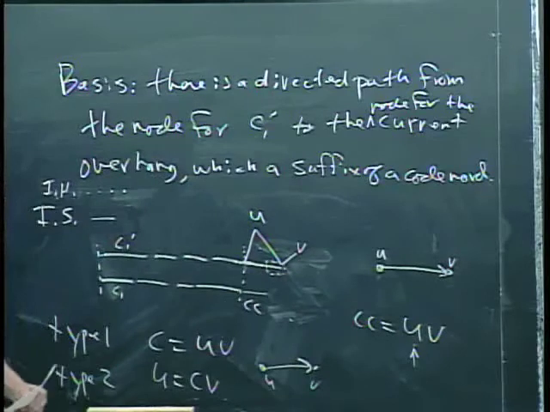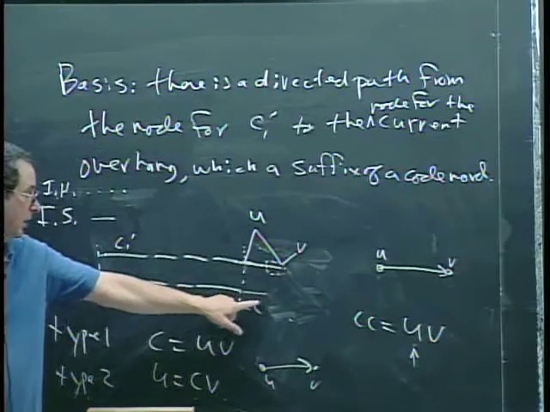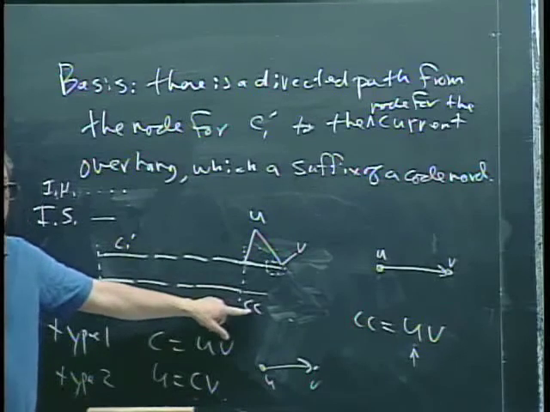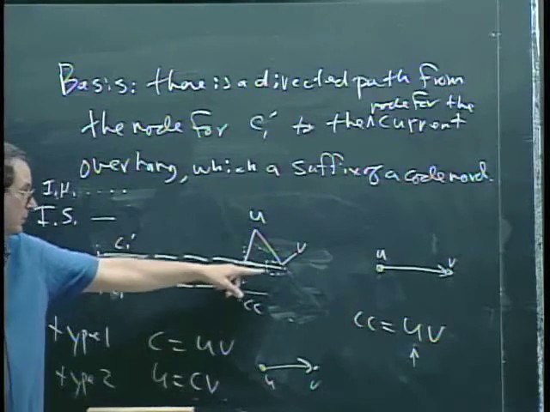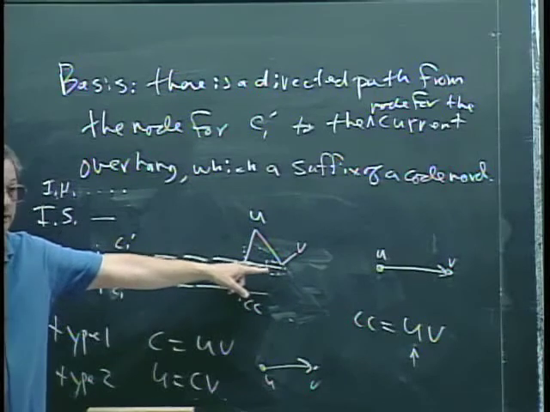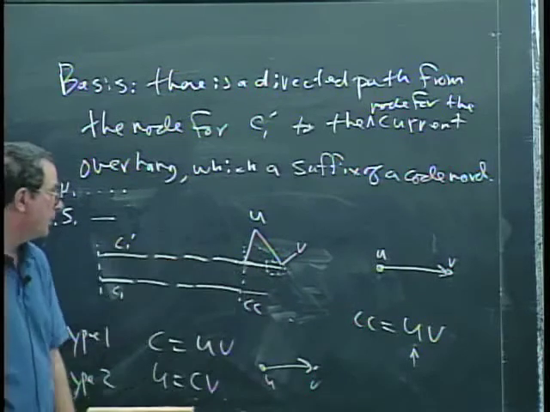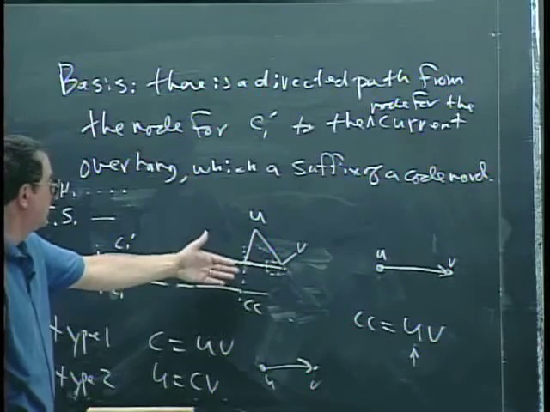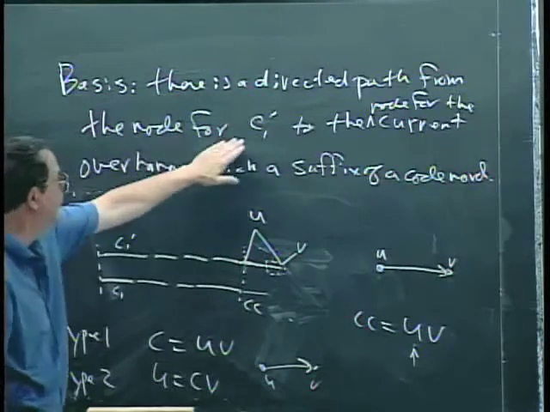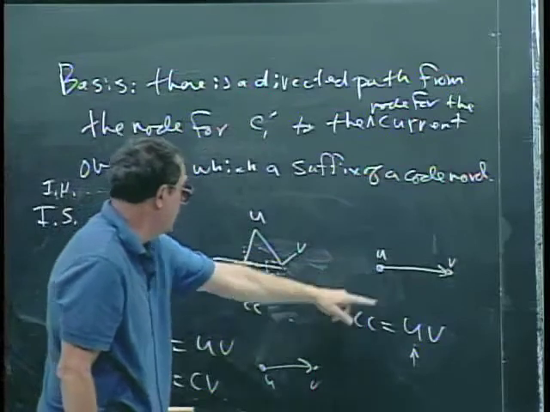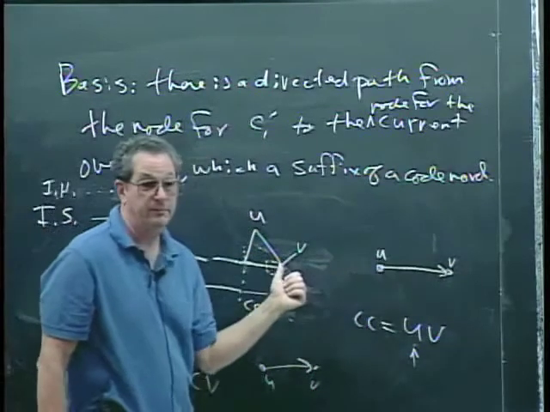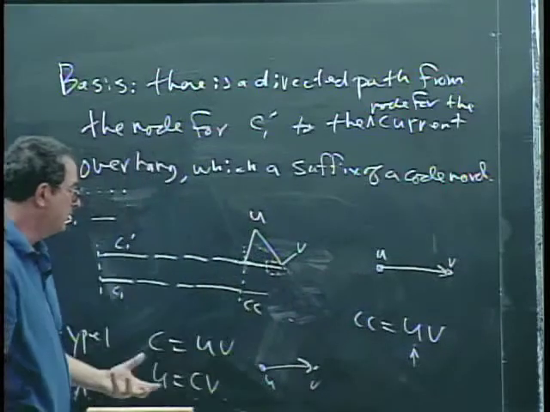Right? So here's the new code word that's being added to the shorter parse, and it creates a new overhang, which is called V. All right? And now, inductively, we had a path from the node for C1 prime to U, and now we want to see that that path can be extended to this V. Under what kind of a rule?